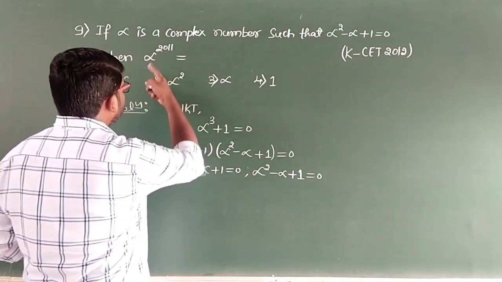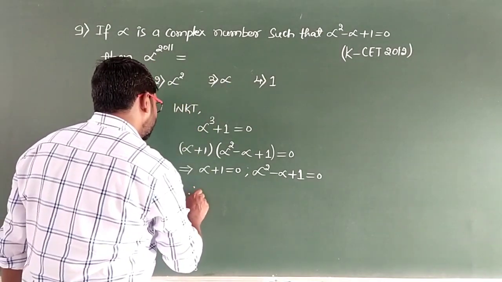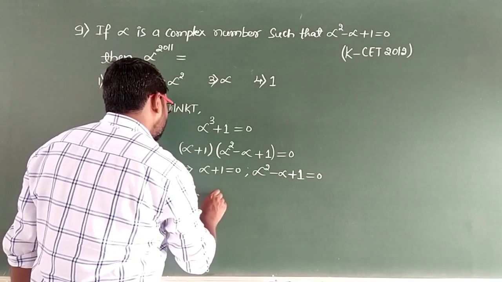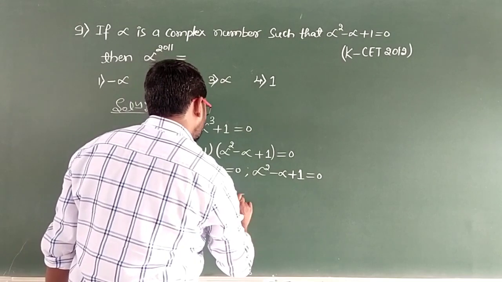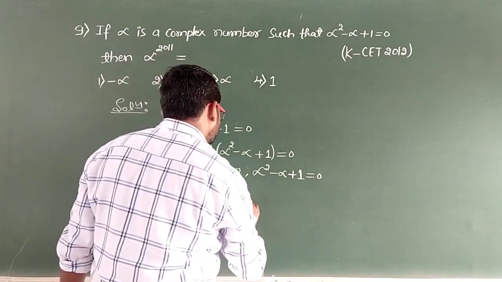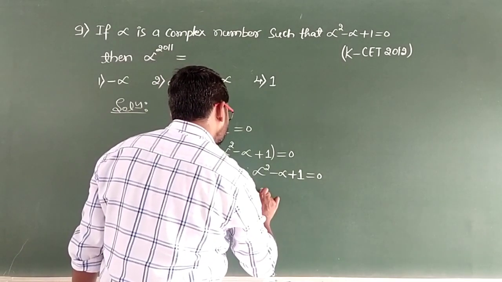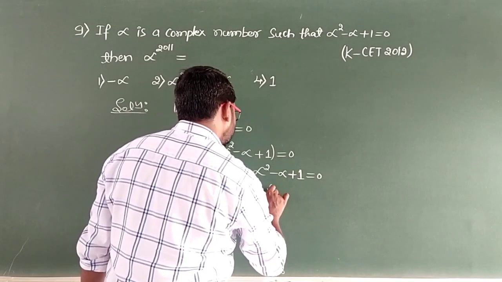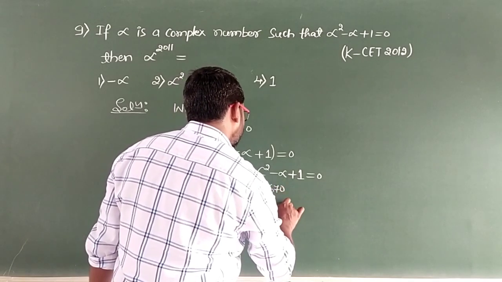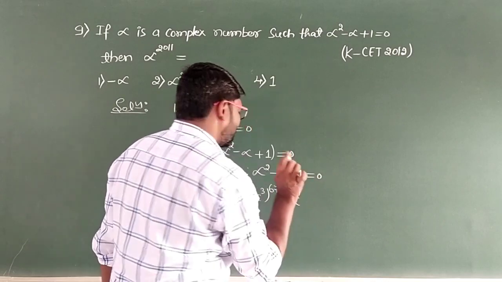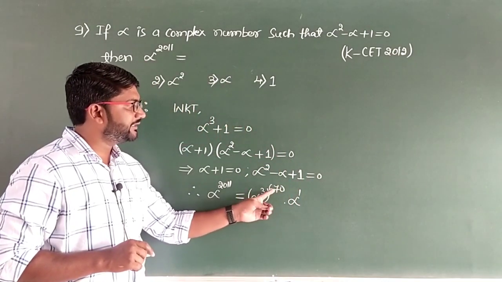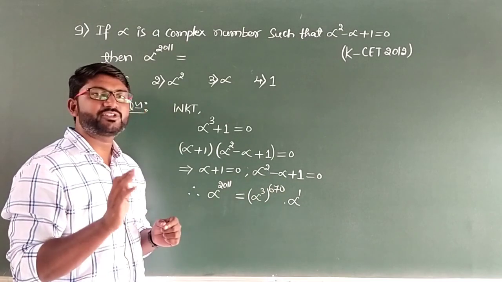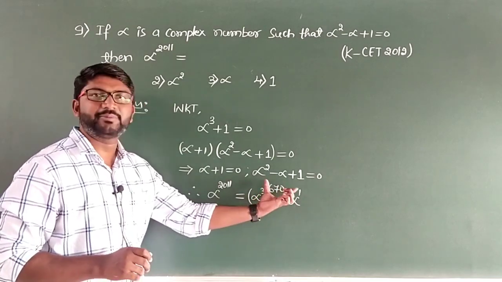So now let us consider alpha to the power 2011. Therefore, alpha raised to 2011 can be rewritten as alpha cube to the power 670 into alpha raised to 1. So alpha cube whole raised to 670 will give us alpha to the power 2010, and here we have 1, both will be added up.